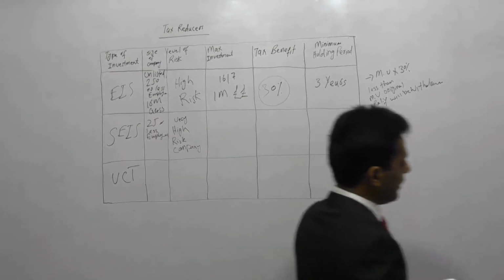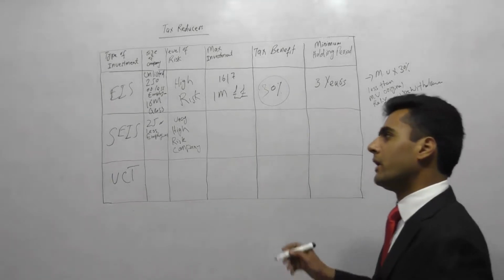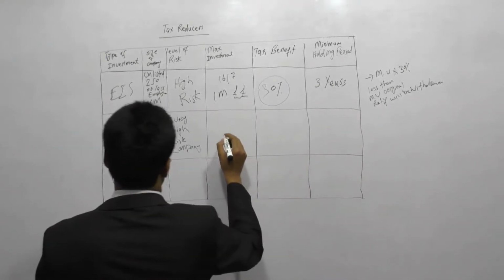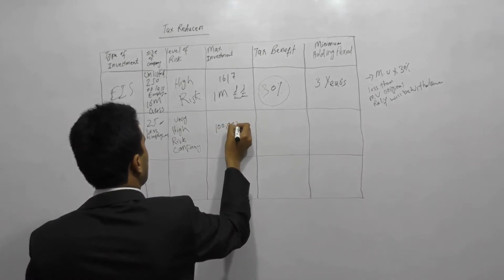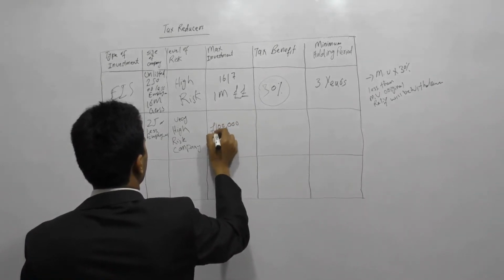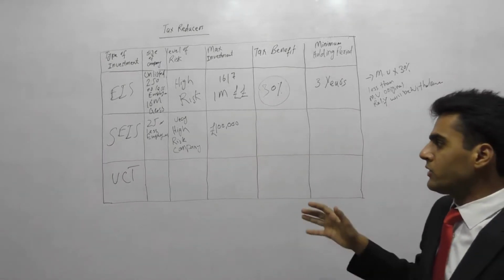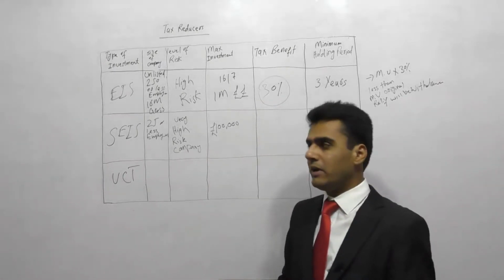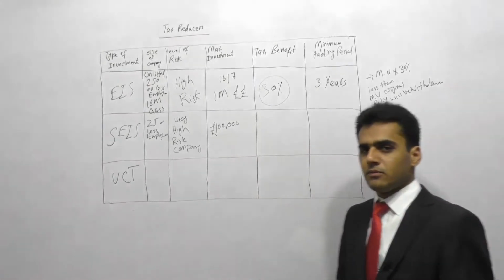Now the maximum amount I can invest in this company is 100,000 pounds. I cannot invest more than that. So that is the limit set by HMRC.